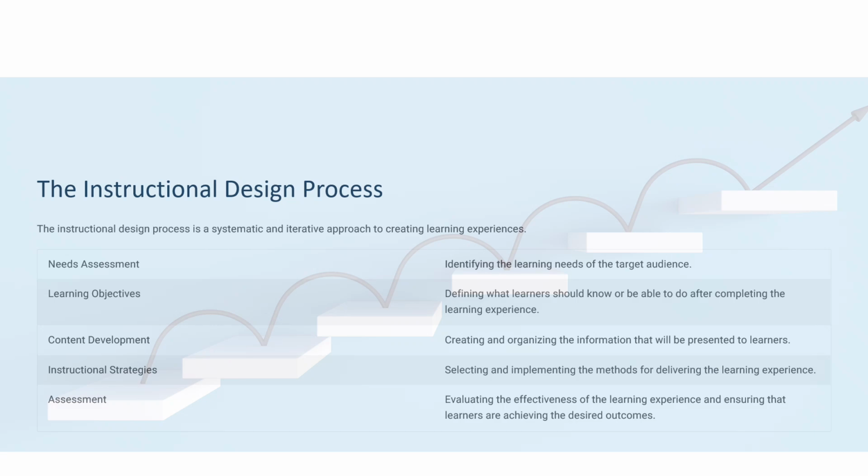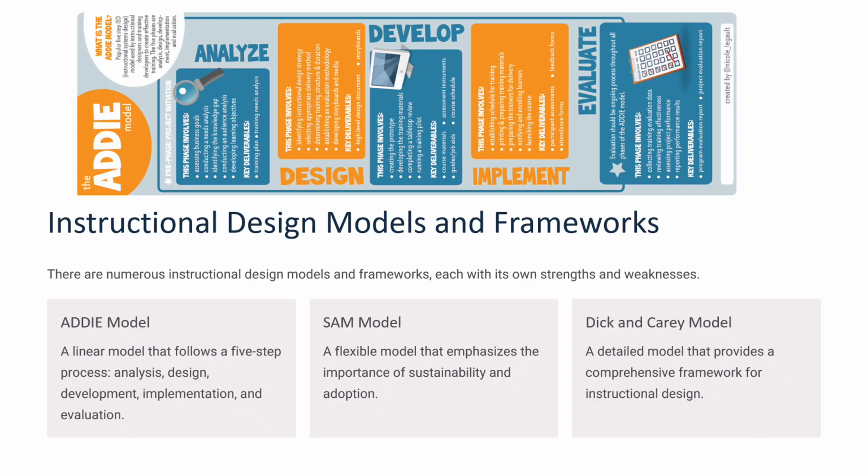From this, we then decide how this teaching process and the resources are delivered through instructional strategies, and assess the outcome of the learning through authentic and relevant assessment methods.